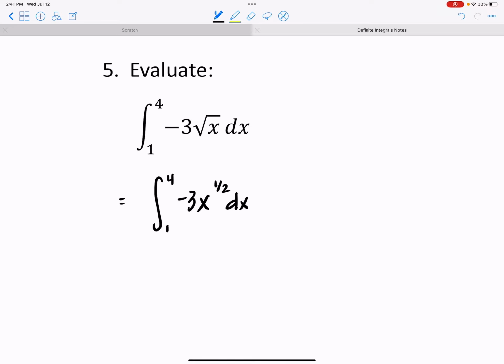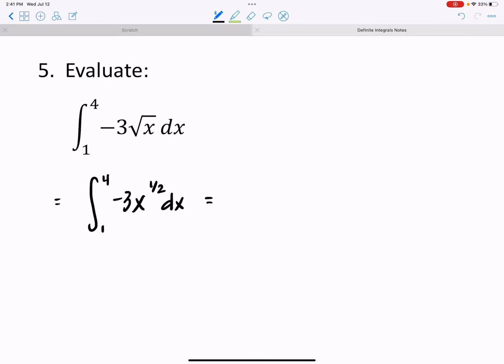Okay, so we can use our power rule. This is going to be -3 x to the, add 1 to the exponent, so 1 over 2 plus 2 over 2 is going to be 3 over 2. Divide by that new exponent, 3 over 2, add the constant of integration, and then dividing by 3 over 2 is multiplying by 2/3. So if we have -3 and we multiply by 2/3, those are going to cancel and leave us a -2.